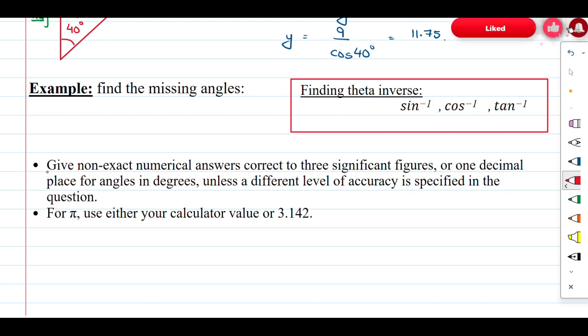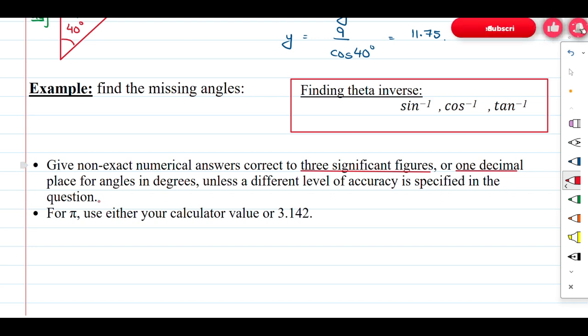Give non-exact numerical answers correct to 3 significant figures, or 1 decimal place for angles in degrees, unless a different level of accuracy is specified in the question.